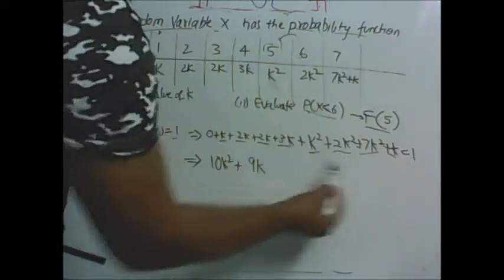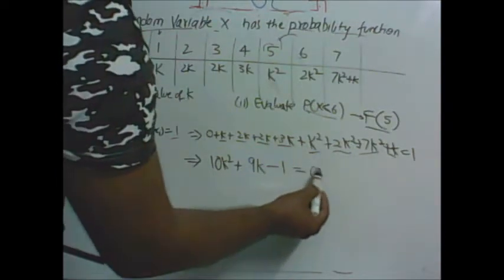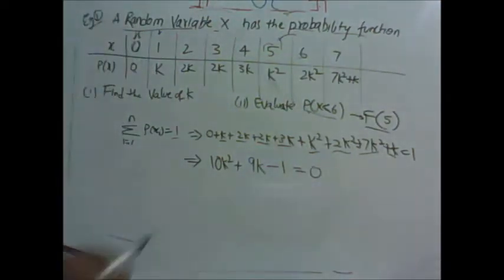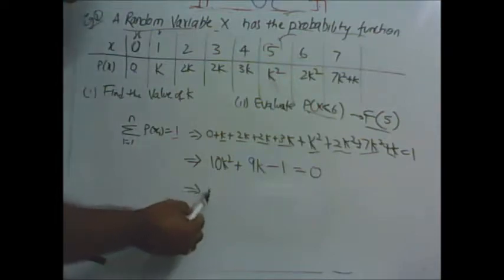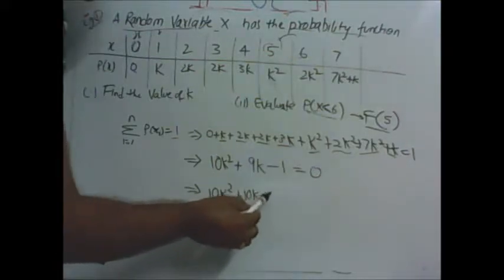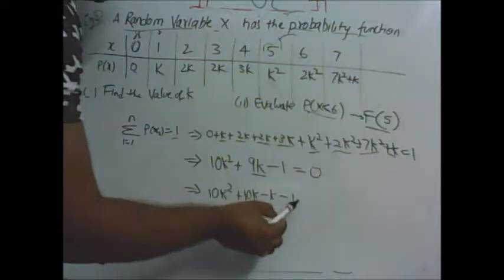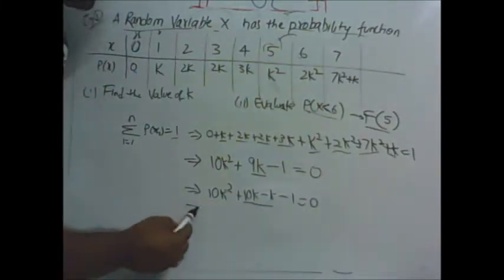Okay, so 1 we will take this side, so minus 1 equal to 0. This one we can factorize like this: 10k square plus 10k minus k minus 1 equal to 0.